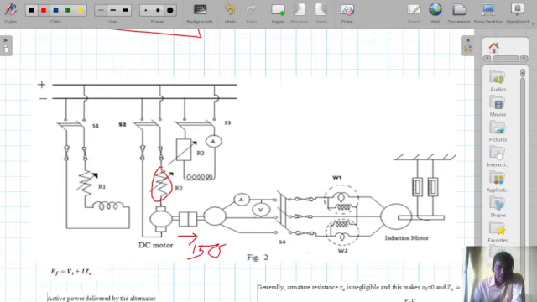Now this excitation voltage or current should be increased so that the terminal voltage becomes 410 volt.